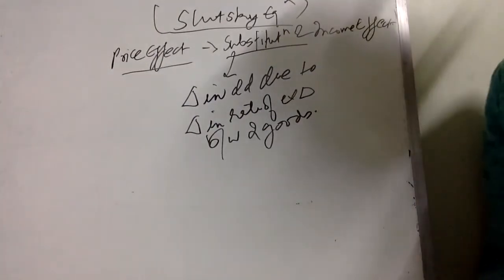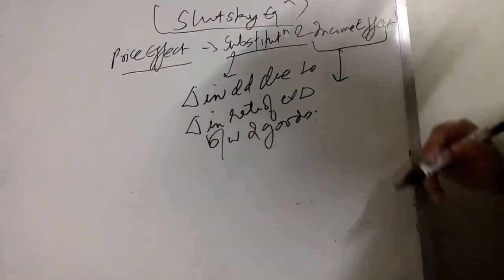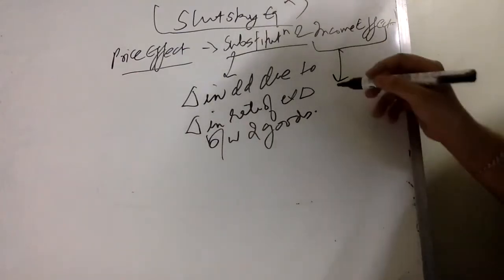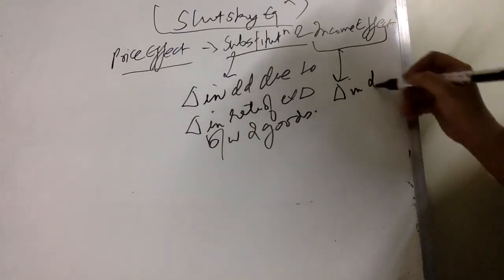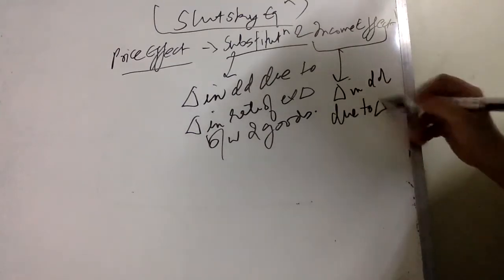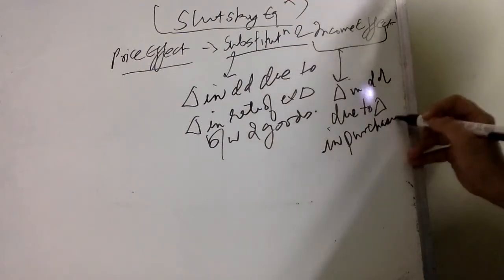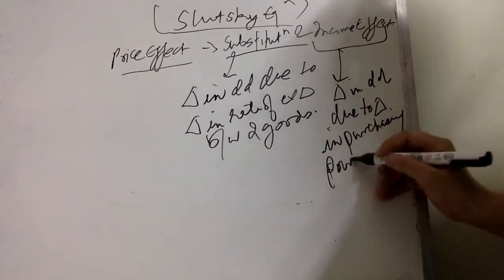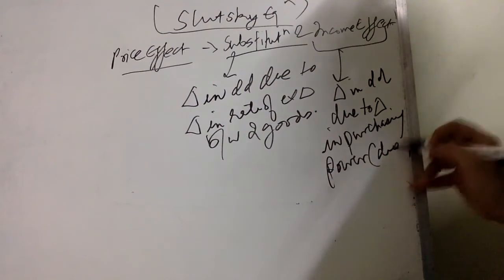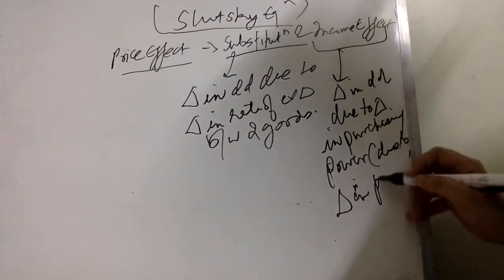Now, in terms of the income effect, what is an income effect? It is the second effect, which is a part of the price effect. It's called the change in demand due to change in the purchasing power as a result of change in prices.